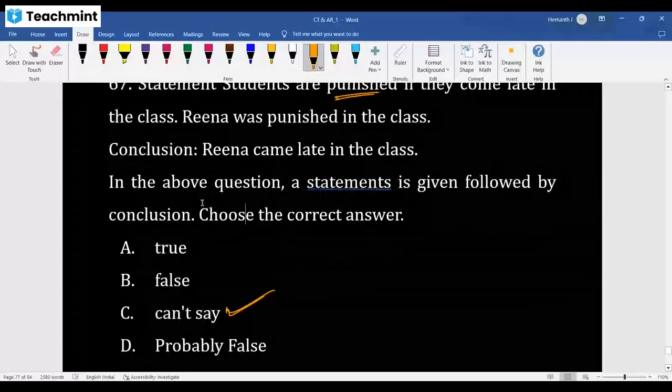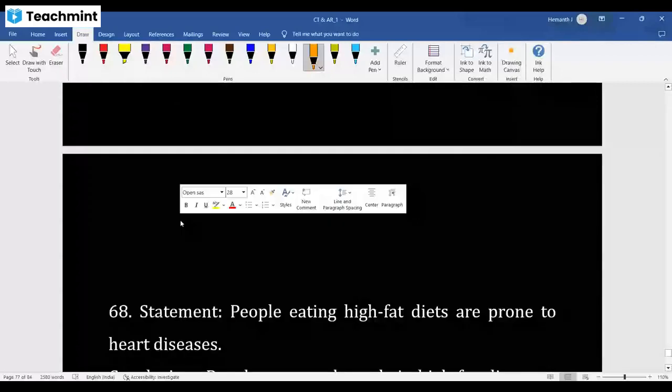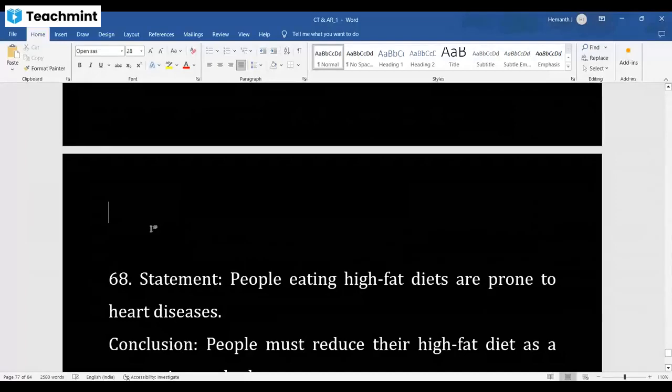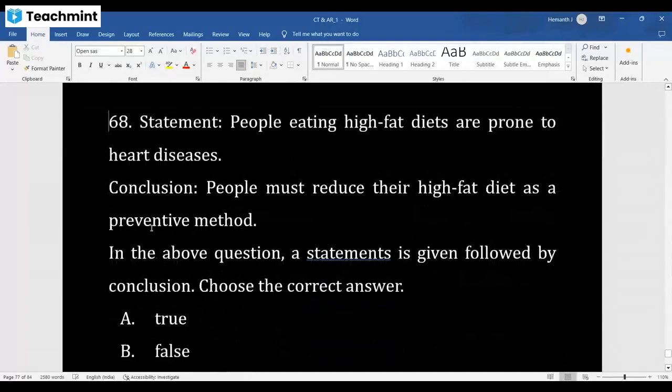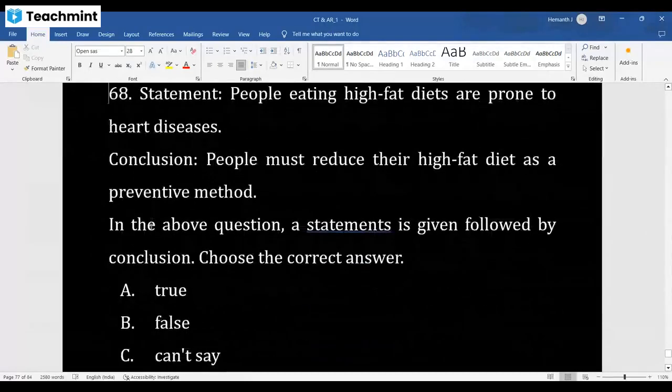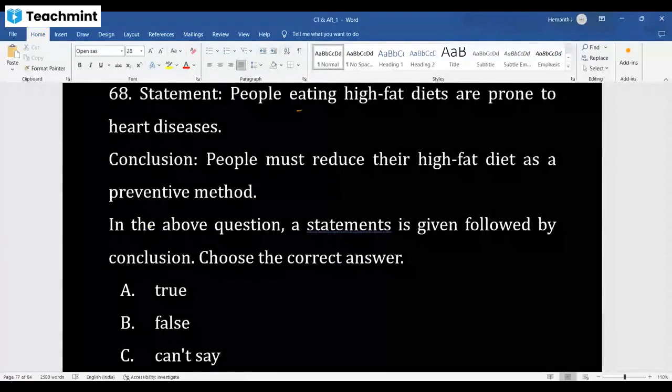Next one, 68. People eating high fat diets are prone to heart diseases. Okay, so those eating high fat diets are prone to heart diseases. People must reduce their high fat diet as a preventive method. Yeah, probably true. Probably.